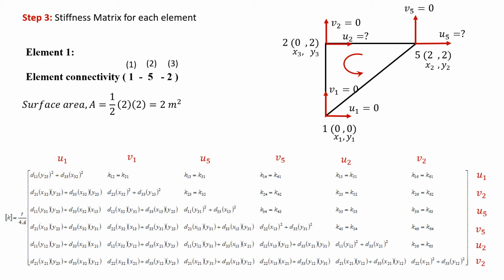Next, in order to simplify our calculation, we can apply the boundary condition. As we know, in this case, U1 and V1 are equal to 0, V5 equals 0, and V2 also equals 0.